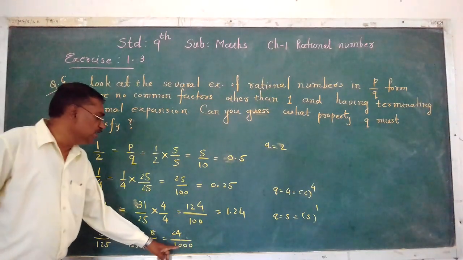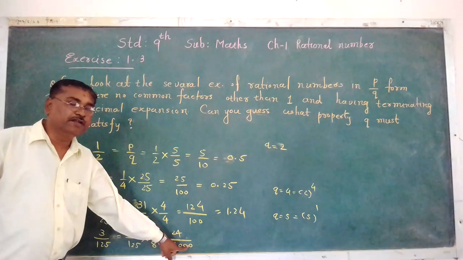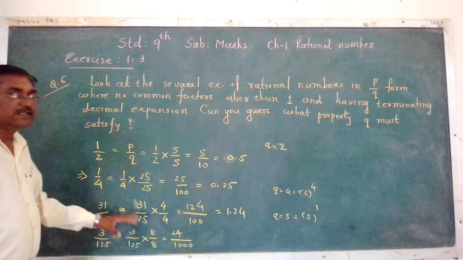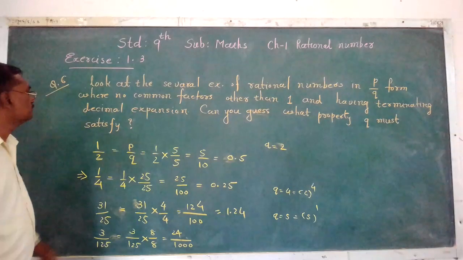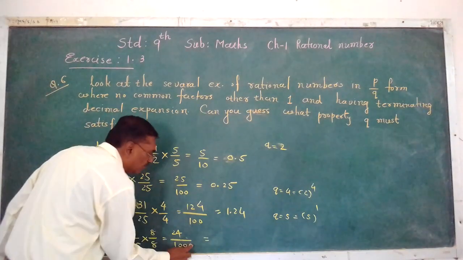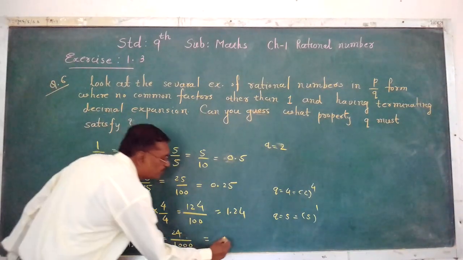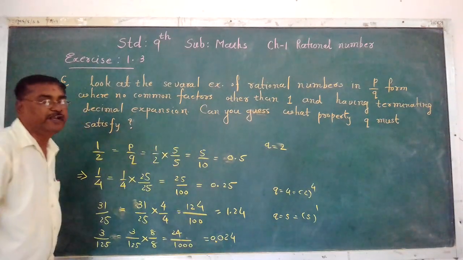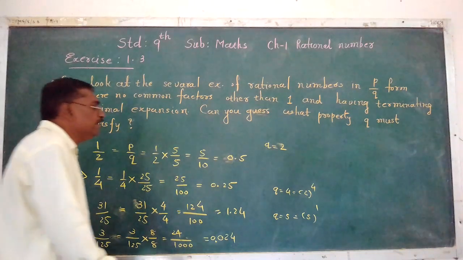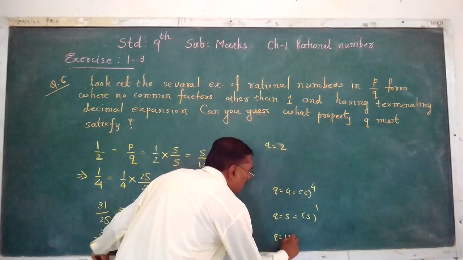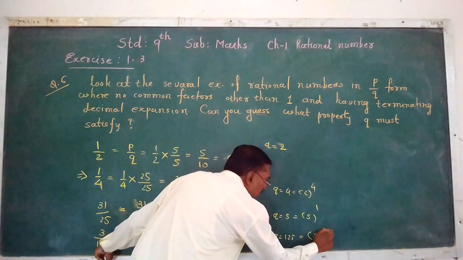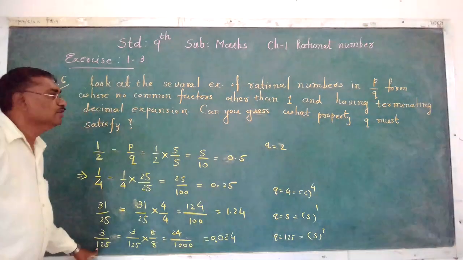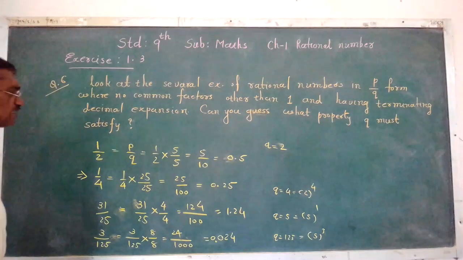So here there are 3 zeros in the denominator. To represent it in decimal expansion, we write 24 and add another 0, so 0.024. Here q equals 125, which is a power of 5, 5 raised to 3. So these are several examples.